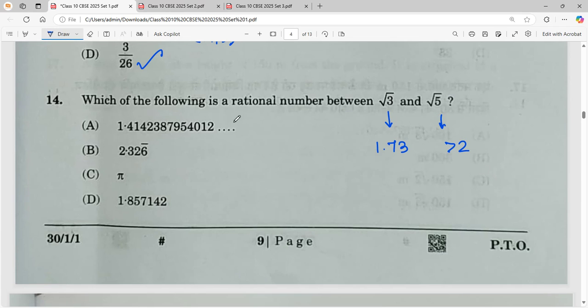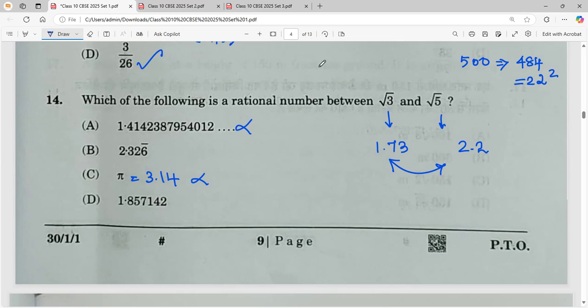So it cannot be the first answer. Pi we know is 3.14. Again, this cannot be a possible answer. This has to be a value less than 2, something like 2.2 maybe, because under 500 we have 484, which is a square.